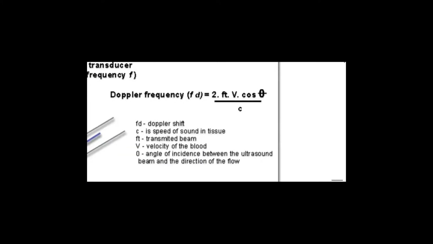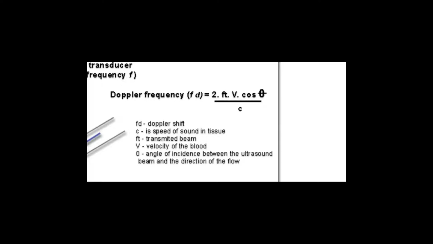So the Doppler frequency is 2, the transmitted beam frequency, times V times cosine theta, divided by C. V is the velocity of the blood. Cosine theta we are going to discuss. C is the speed of sound in the tissue.